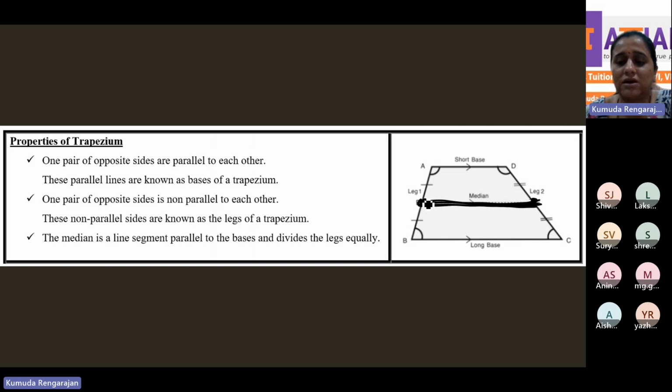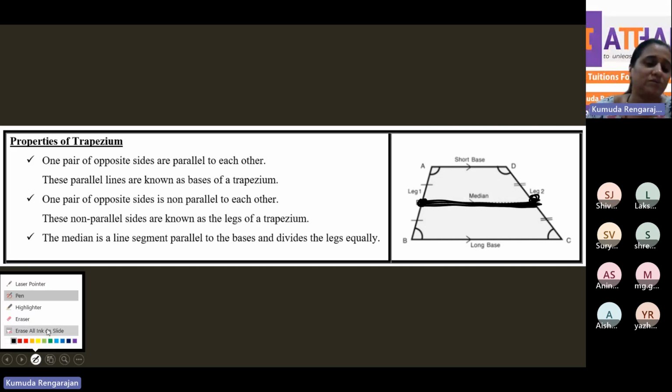By joining the midpoints. Midpoints of what? Midpoints of the non-parallel sides.